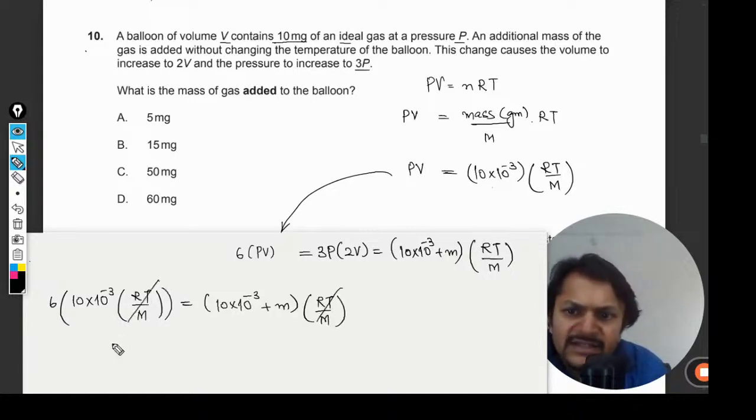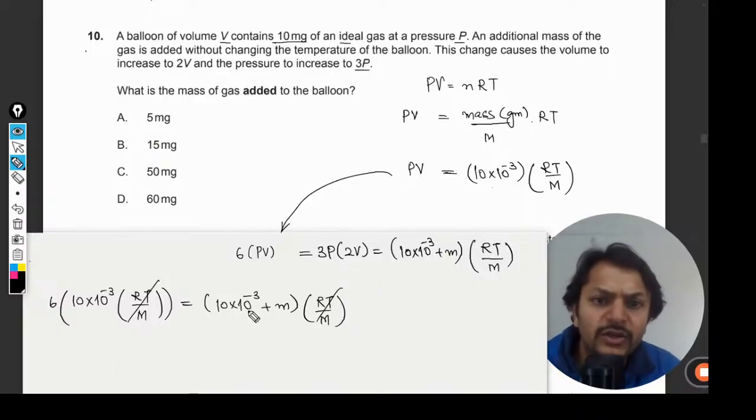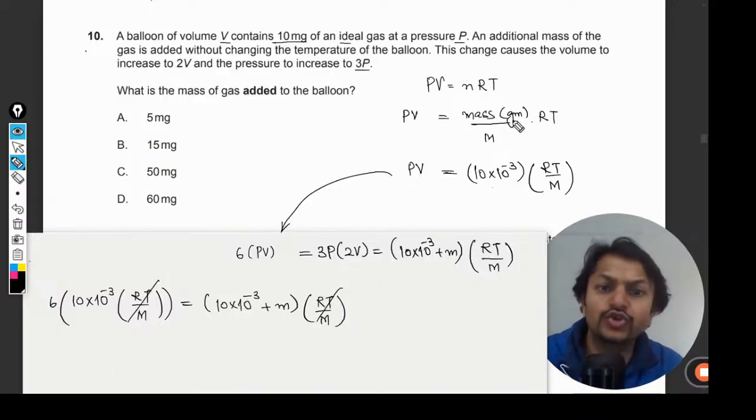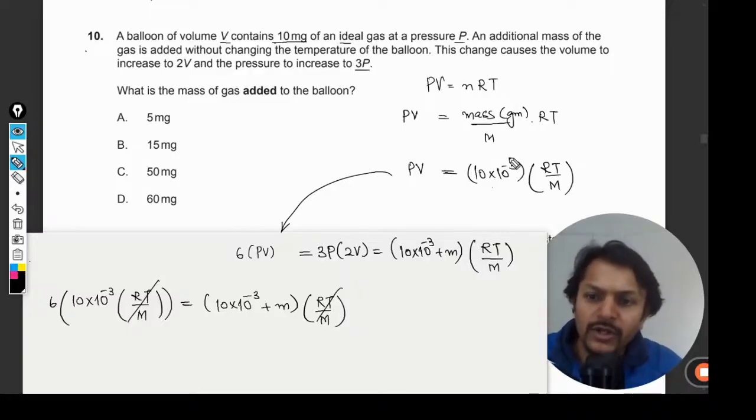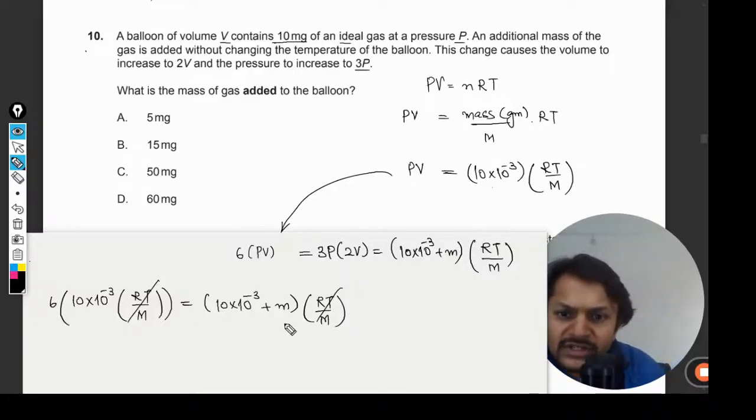Other things we can easily get rid of. The only thing is that the mass should be in grams, neither kgs nor milligrams. It has to be converted into grams, otherwise all of the calculation will be wrong. So this is what is left here.